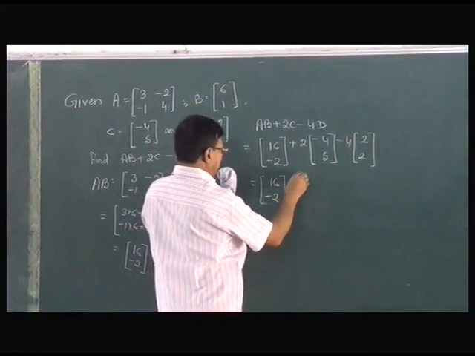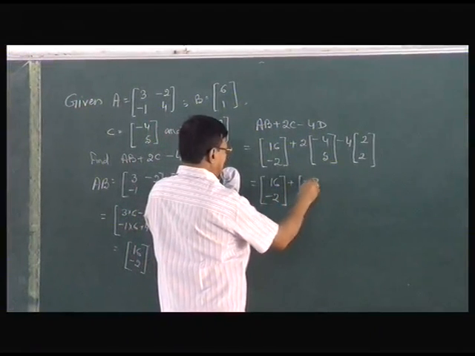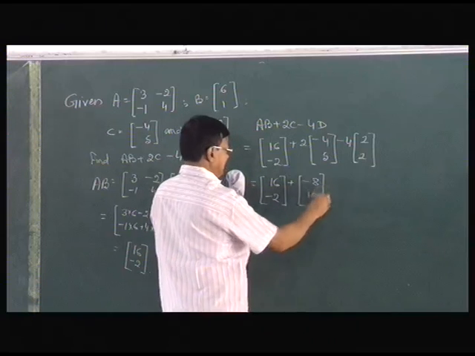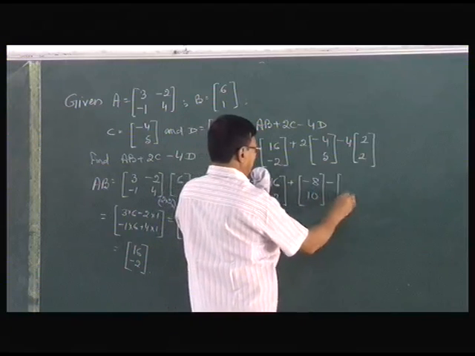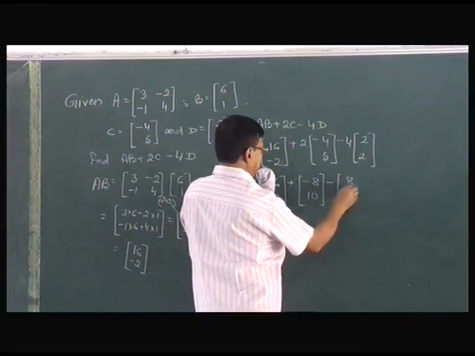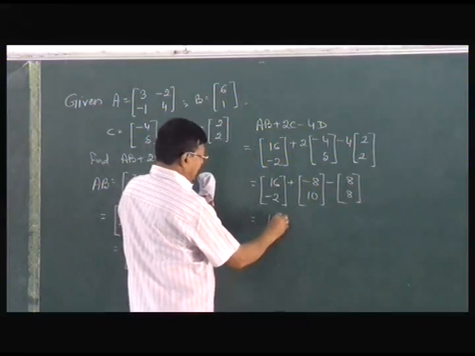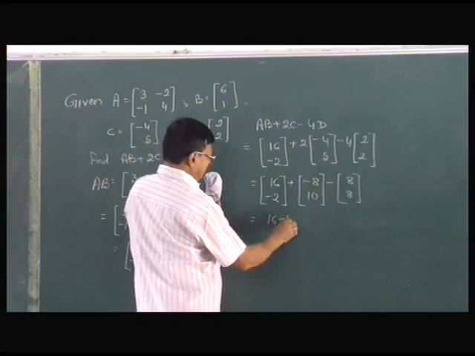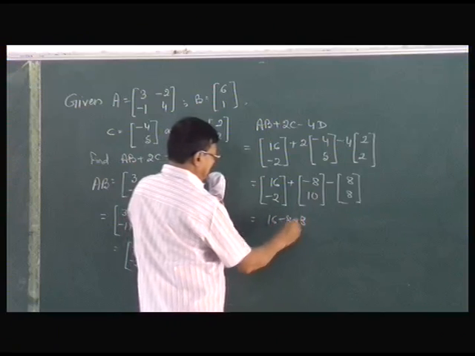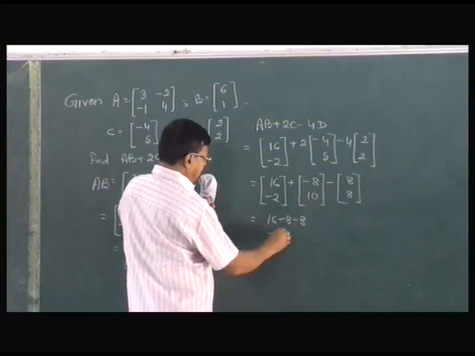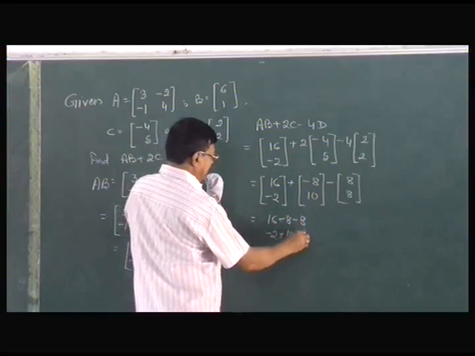So multiplying with 2, it's minus 8, 10, and multiplying with 4, 8, 8. Adding corresponding elements. So 16 minus 8 minus 8. This is minus 2 plus 10 minus 8.